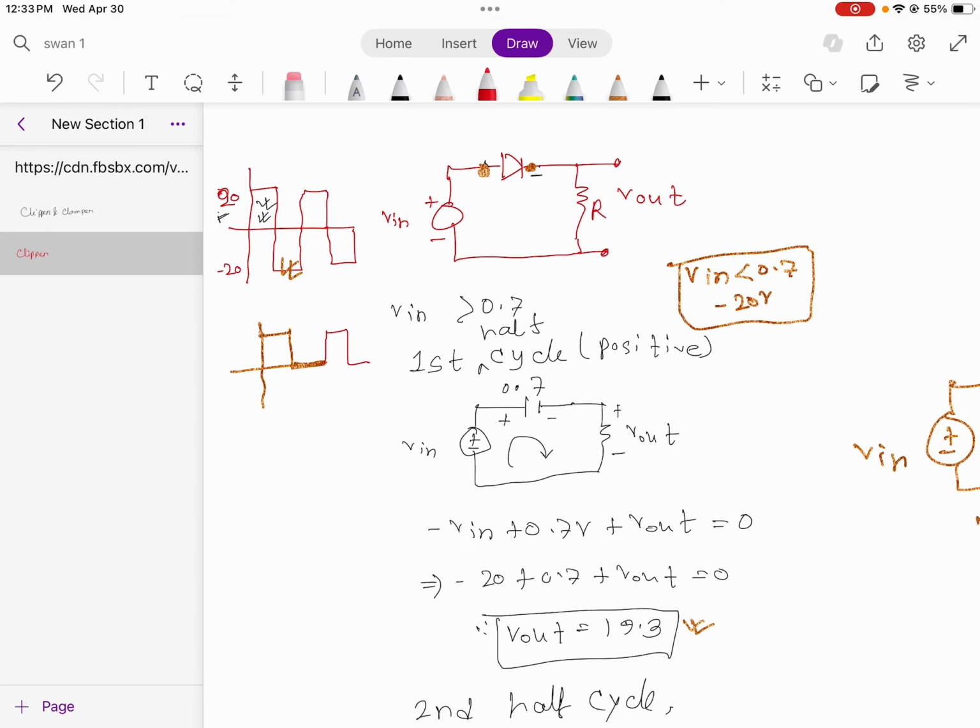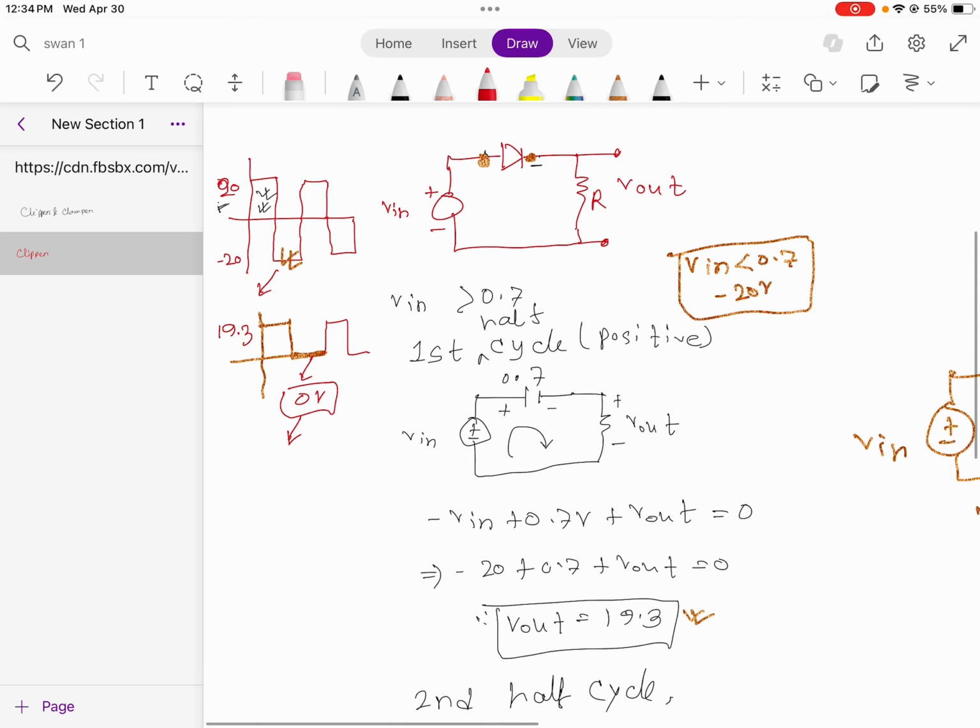So what we can see is that the negative voltage is clipped to 0 volt, but the positive voltage is 19.3 volt. Since it clips the negative cycle to 0 volt, it is known as a clipper circuit, and we'll call this a negative clipper.